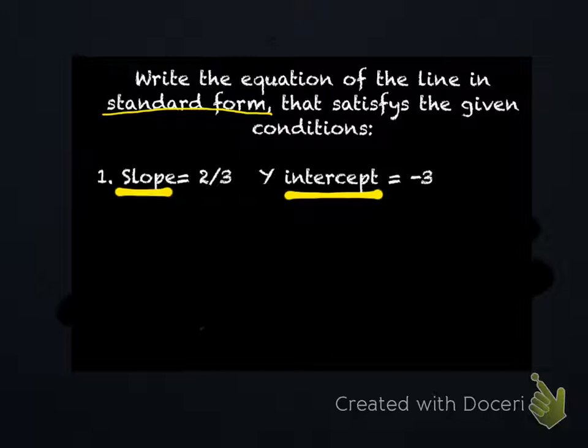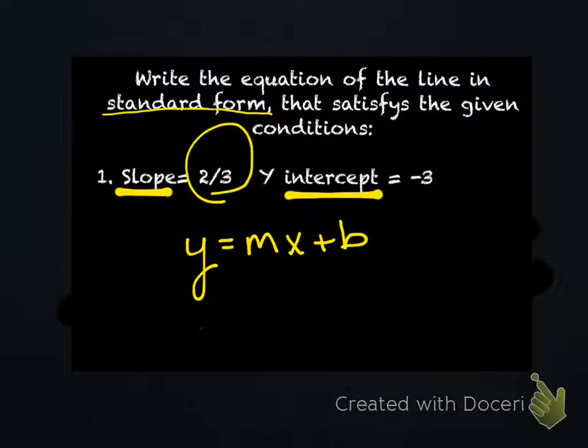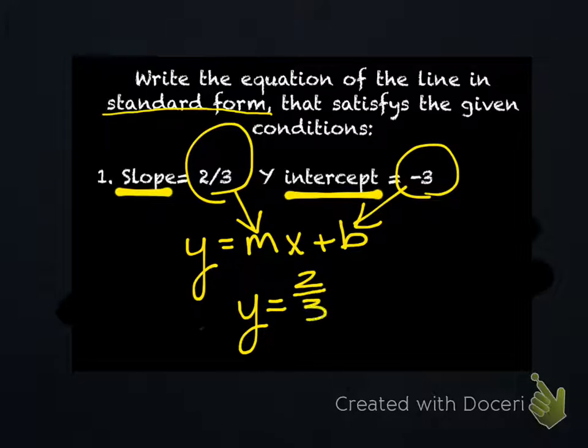Yes, it is y equals mx plus b, where m is the slope and b is the y-intercept. So if I know that my slope is the m, and I know that my y-intercept is the b, it's as easy as writing y is equal to 2/3 x minus 3.